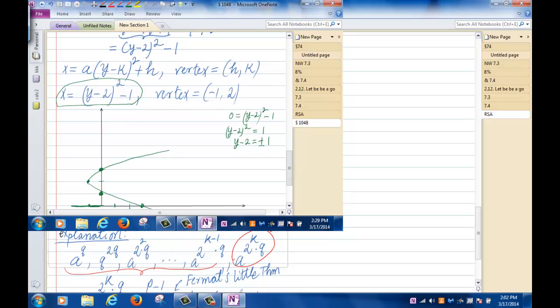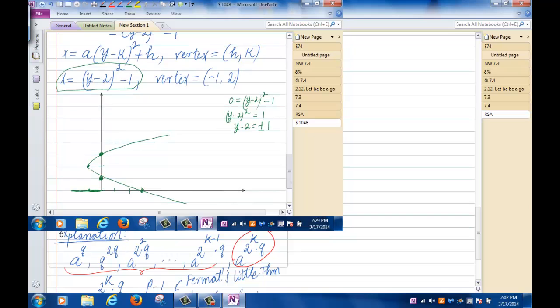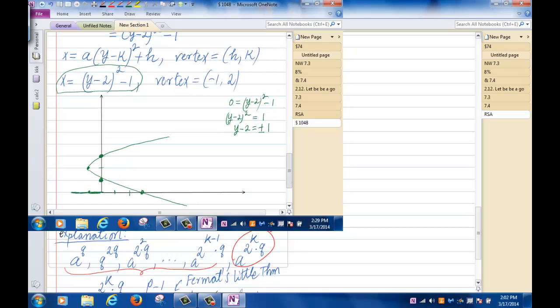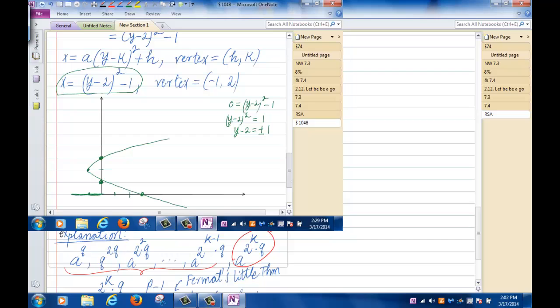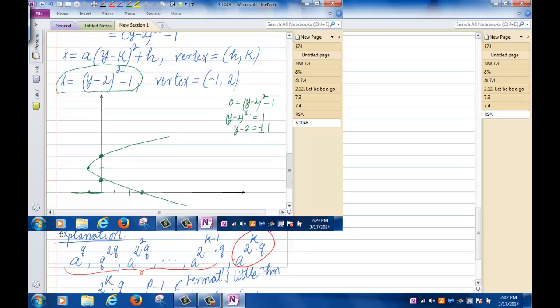For the x-intercept, you plug in y to be 0, right? X-intercept means where the graph crosses the x-axis. So you are already plugging in y to be 0, right? So the y coordinate is 0.